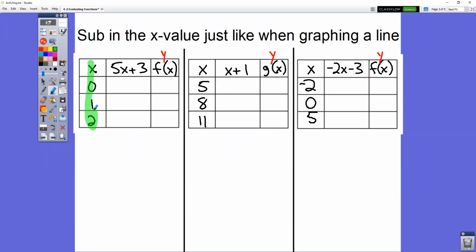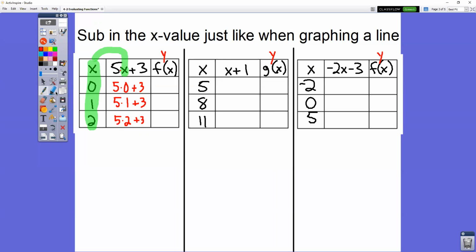You're going to take your x values here of 0, 1, and 2, and sub them in for x. So instead of 5 times x plus 3, we're going to have 5 times 0 plus 3. Instead of 5 times x plus 3, we're going to have 5 times 1 plus 3. Instead of 5 times x plus 3, we're going to have 5 times 2 plus 3.